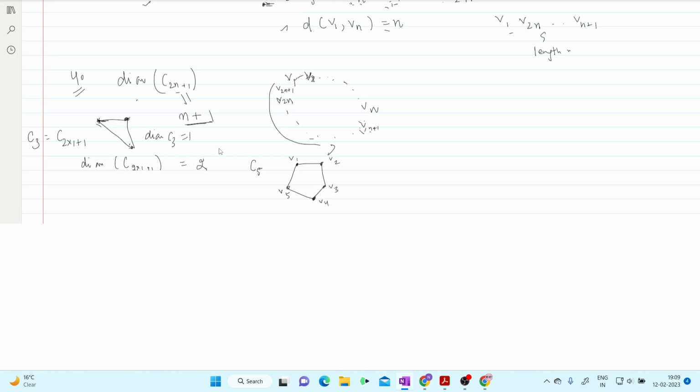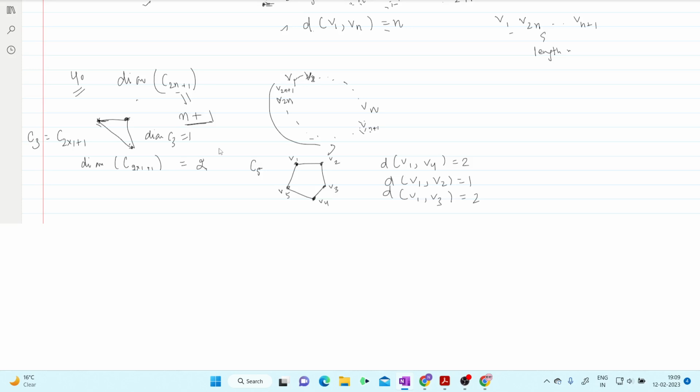And here in C5, the distance between V1 and V4 is 2, the distance between V1 and V2 is 1, and the distance between V1 and V3 is 2.